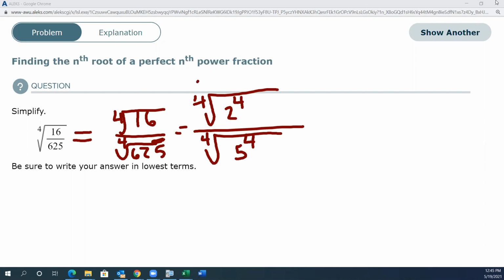So we're looking for groups of 4. And hey, here's 4 2s right there. So that turns into 2. And hey, there's 4 5s right there. That turns into 5. And it's just 2/5, or 40%, or 0.4. And that's it. So just hit the top and the bottom with the radical separately if you want.